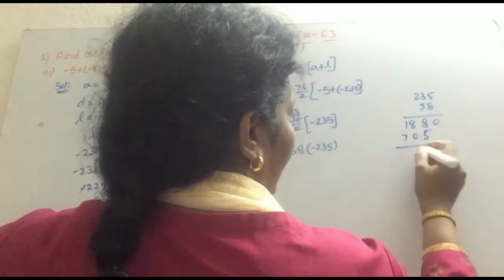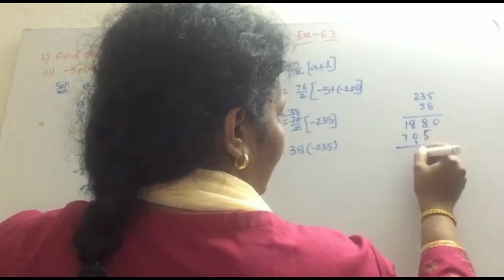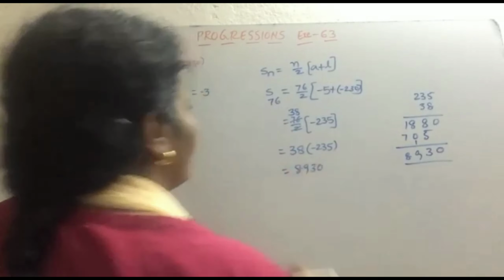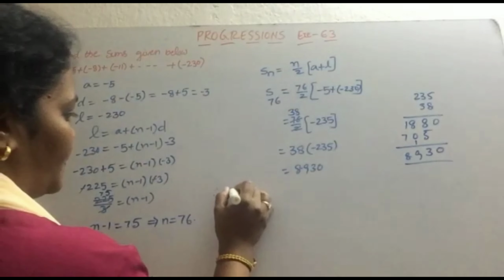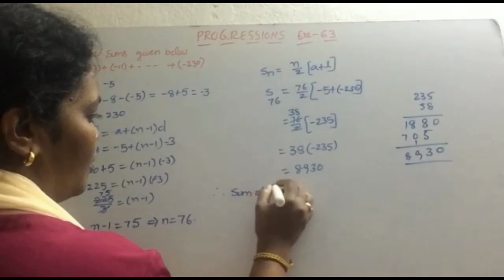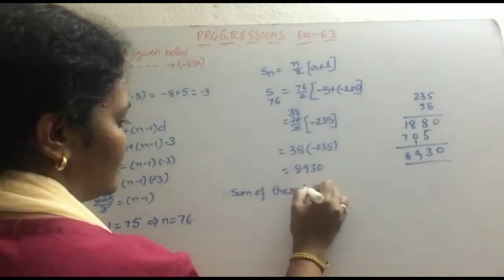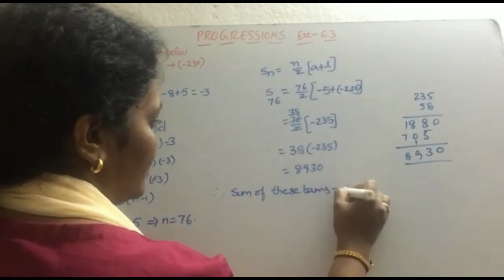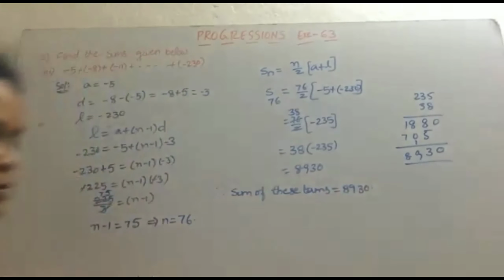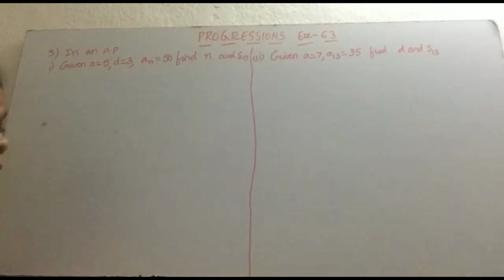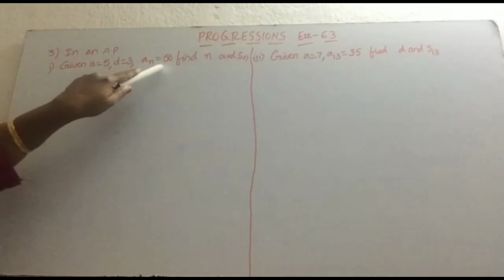So 0, 8 5 13, 9, 8. So 8930. So therefore sum of these terms equal to minus 8930. Next problem. In an AP, given a equal to 5, d is equal to 3, an equal to 50, find n and Sn.